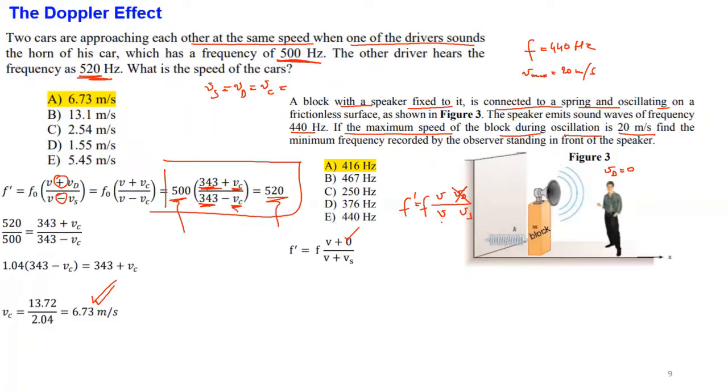Now, maximum speed will happen when? Of course, when I'm at 0, because you know that this is moving from minus x max to plus x max. So maximum speed will happen here at 0, when x is equal to 0. But will it be at 0 moving to the right or at 0 moving to the left? What do you think? Of course, if I want maximum frequency, it has to move in which direction?